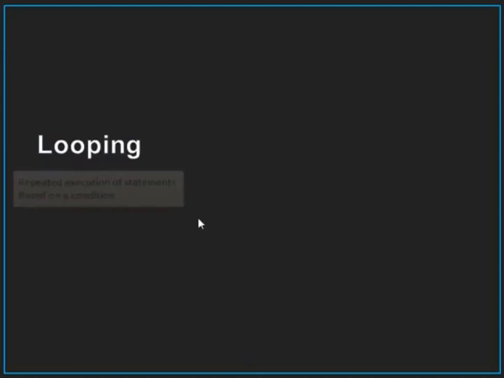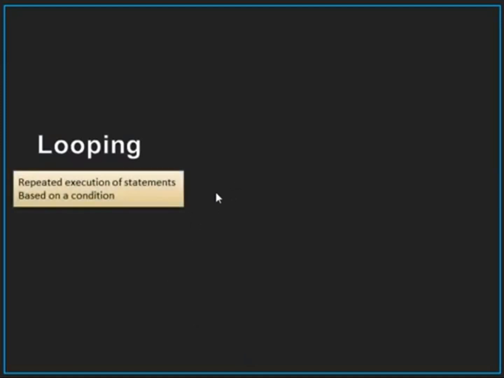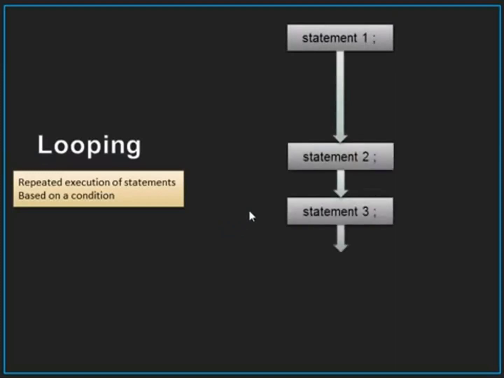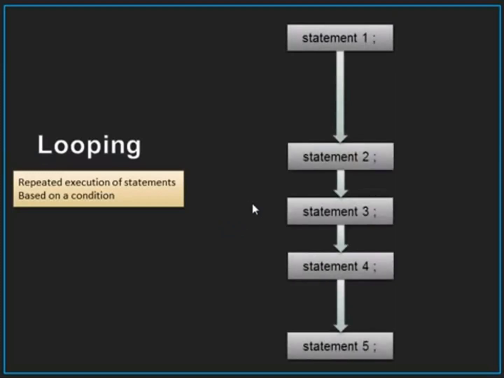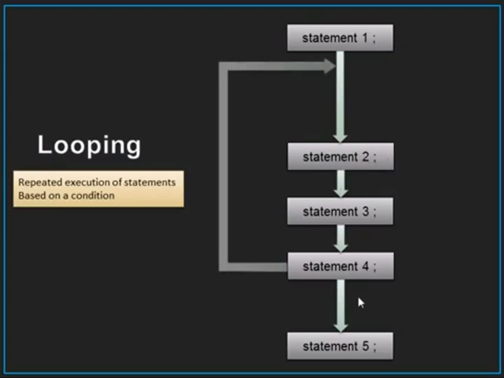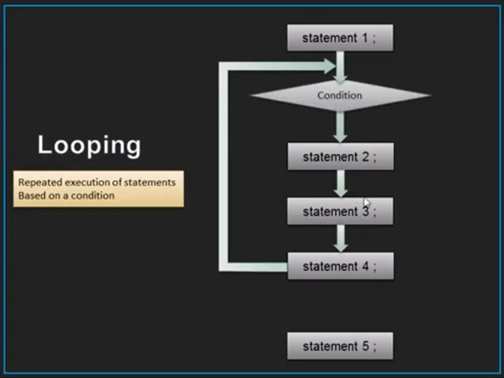So looping is nothing but the repeated execution of statements based on a condition. Let's say you have statements, these are the statements, the way they are executed in a C program. You have statement 1, 2, 3 and 4. Let's say you have to repeat statements 2, 3 and 4 again and again, but based on a condition.